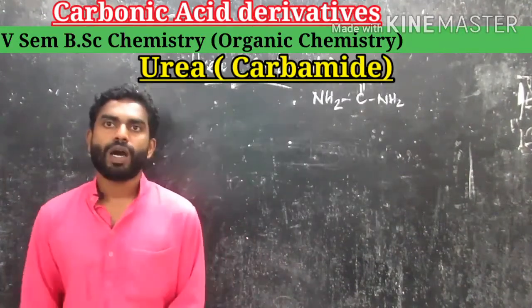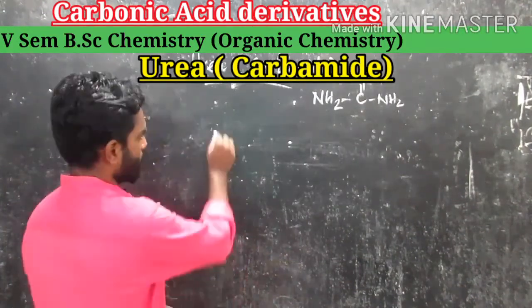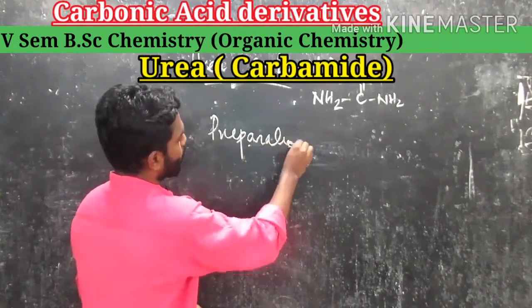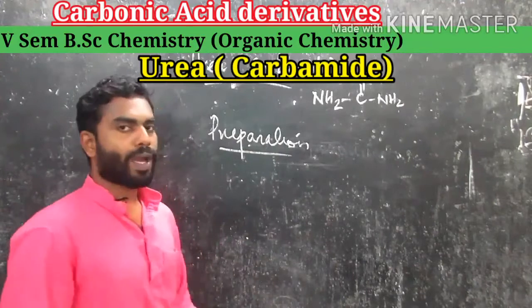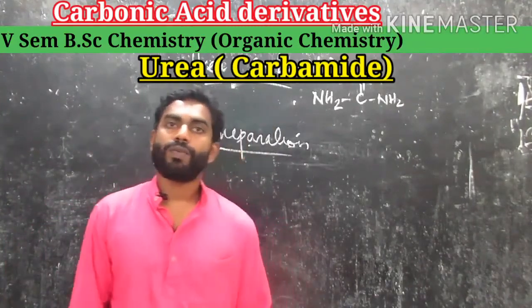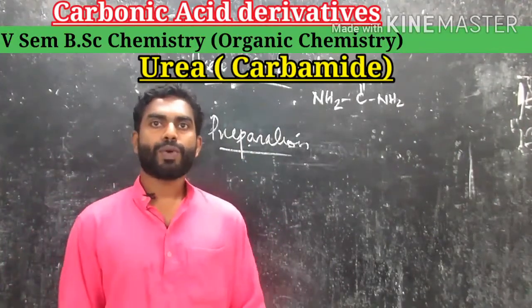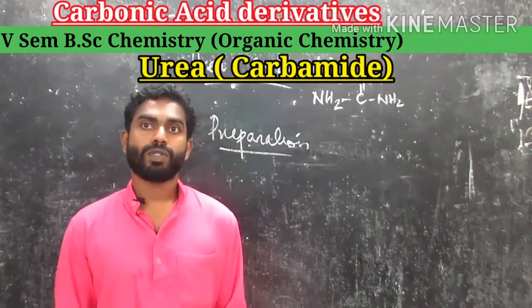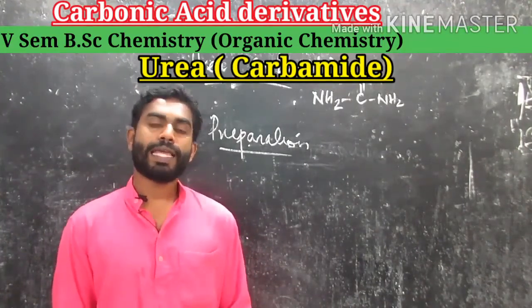Then laboratory preparation. How can we prepare urea in the laboratory? Urea is prepared by the action of ammonia on phosgene or on ethyl carbonate.